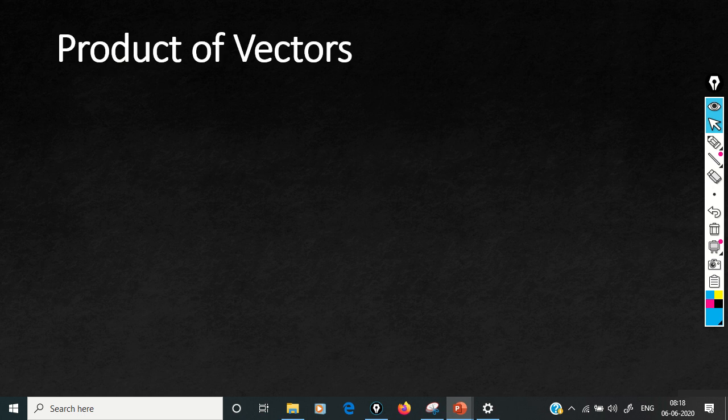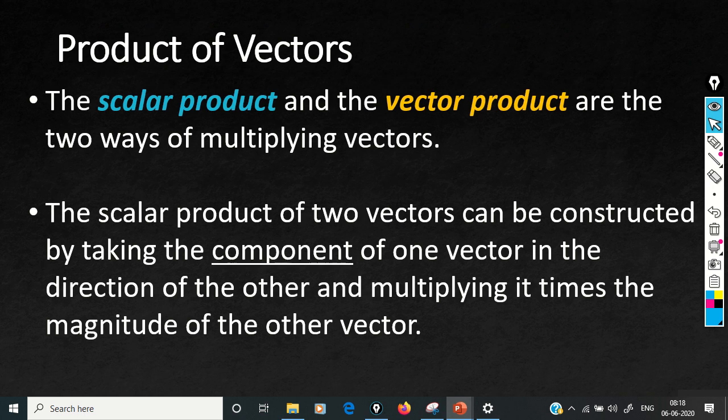Let us see the product of two vectors. The scalar product and the vector product. These are the two ways of multiplying the vectors. Let us discuss first the scalar product.